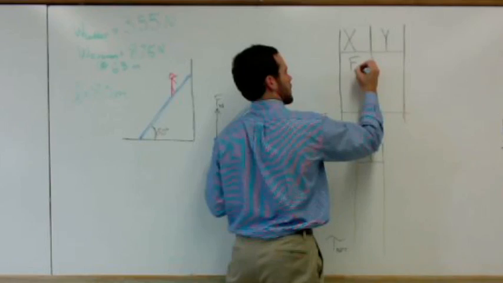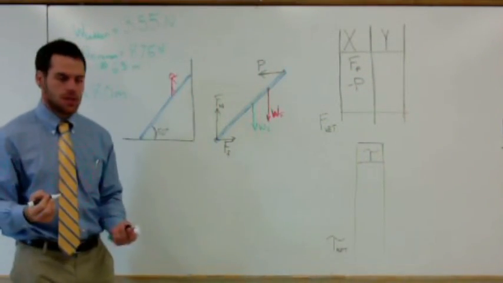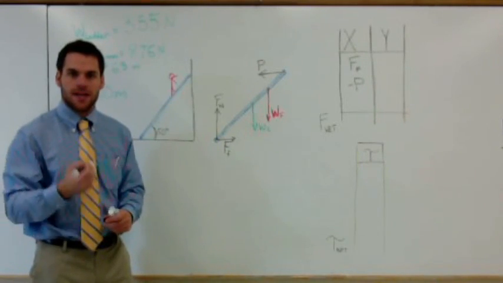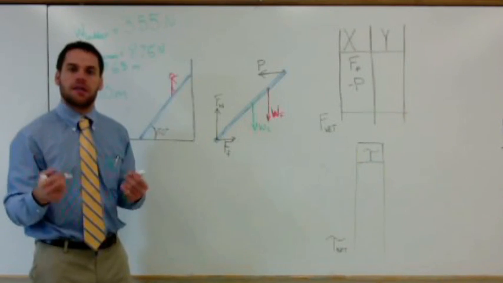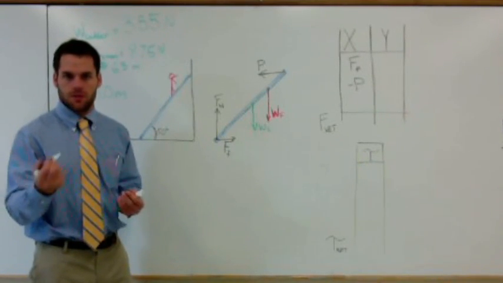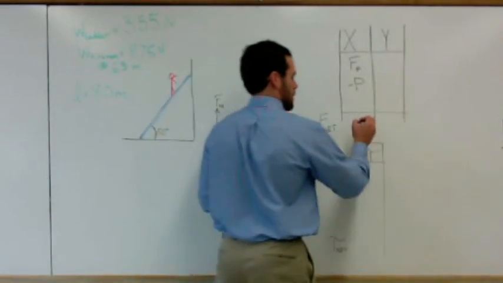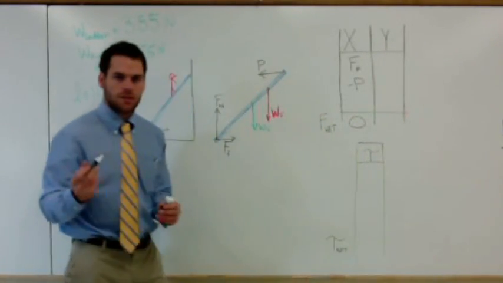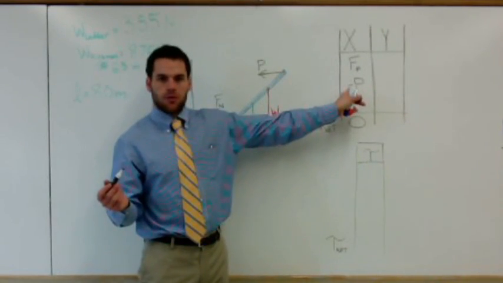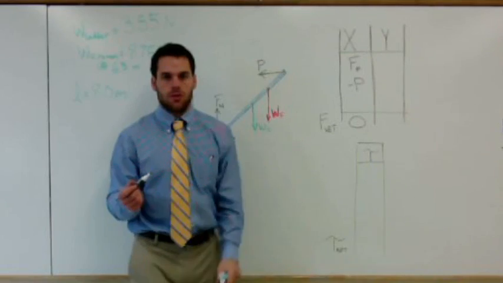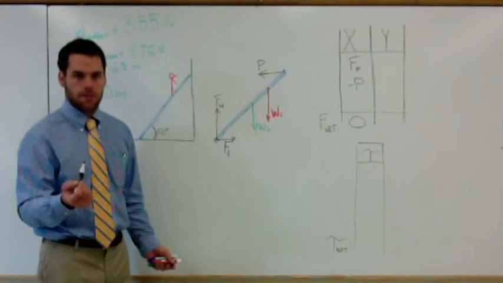So force of friction, and then a negative P. Now my net force in the x direction is 0, because the ladder is not accelerating in that direction. It's stationary. It's in what we call equilibrium. So equilibrium, acceleration is 0, net force is 0. Just from this, I can tell that the pushing force from the wall is equal to the force of friction. All right, that's one step done.